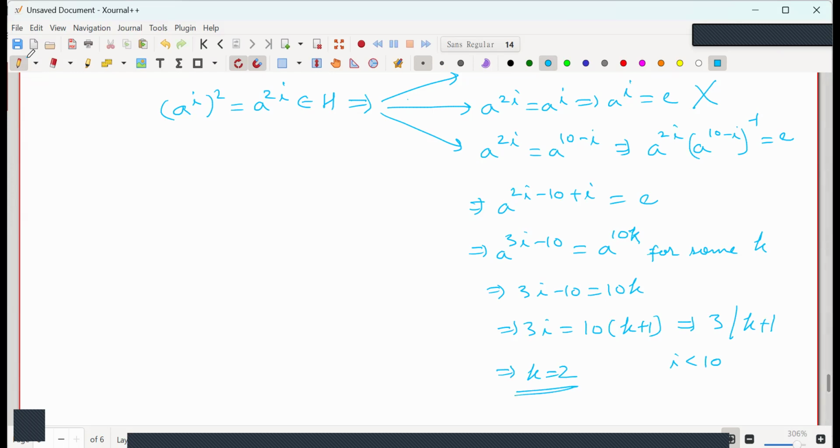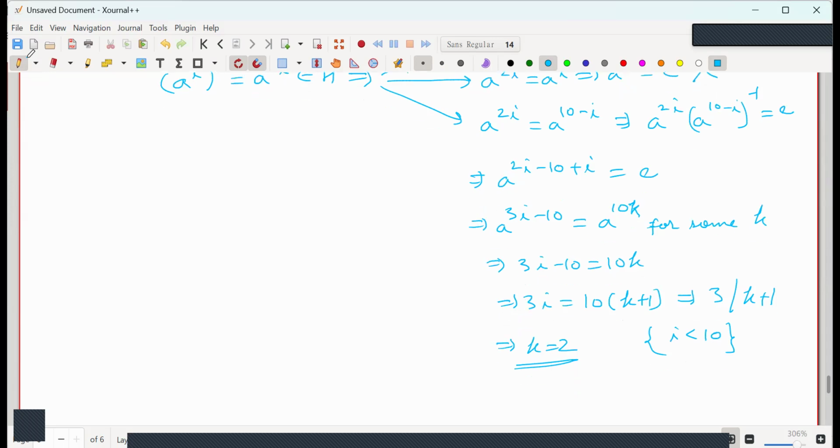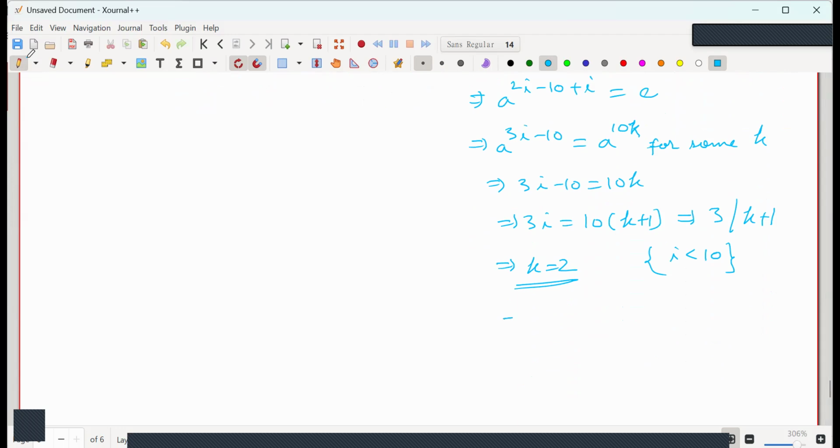Clear? i is less than 10 and 3 divides k plus 1. So this number cannot go beyond 30, and so k plus 1 can only be 3, which means k has to be 2. But if k is 2, then 3i is 10 times 3, which means i is 10. Clear? No, sir, like k can be, let's say, 26?